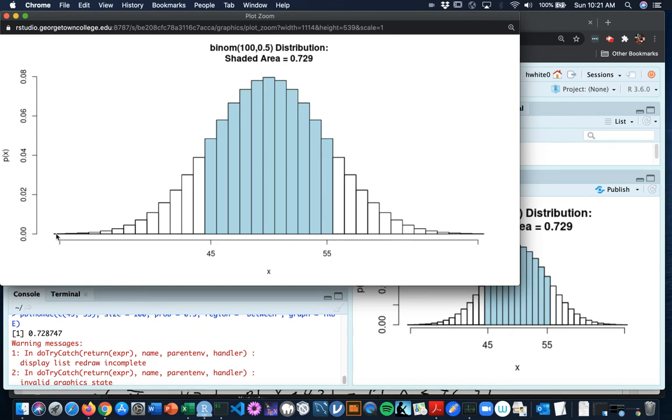Now, think about the normal curve that approximates this. So it's kind of like running along the tops of these rectangles with my mouse there. So imagine that normal curve running through.